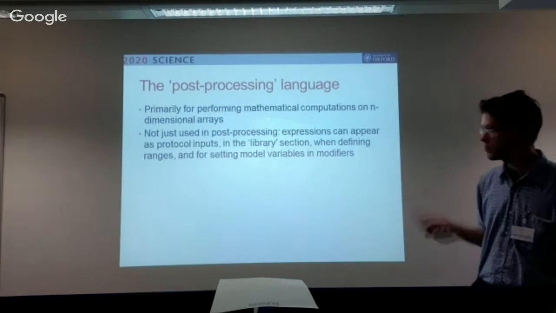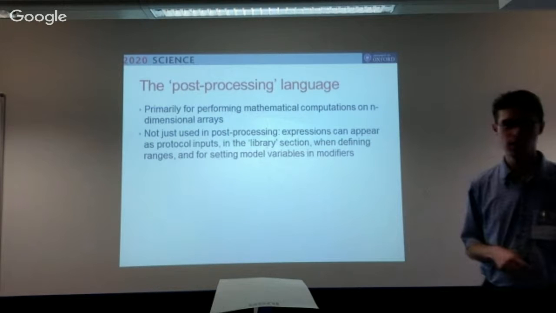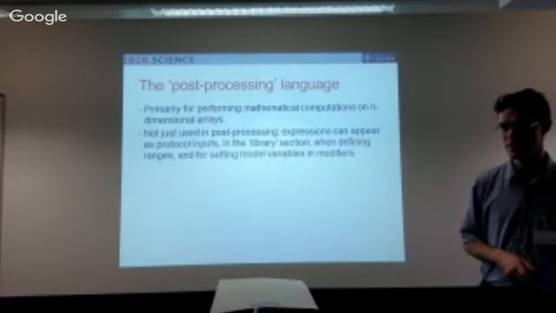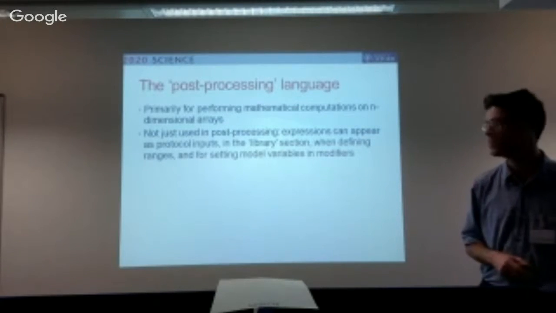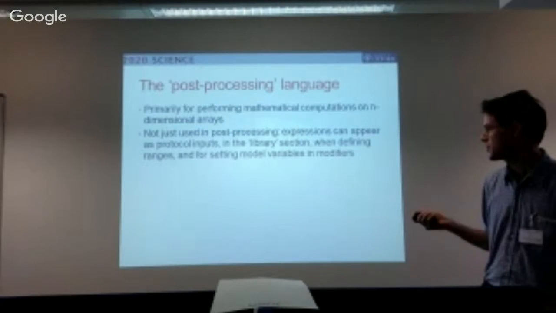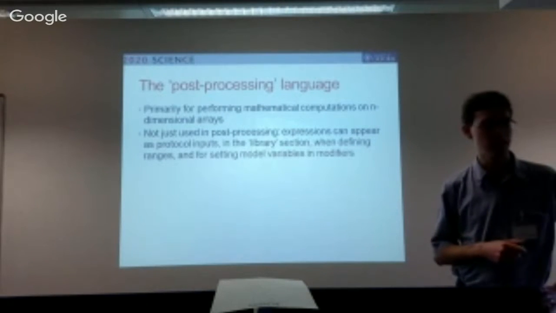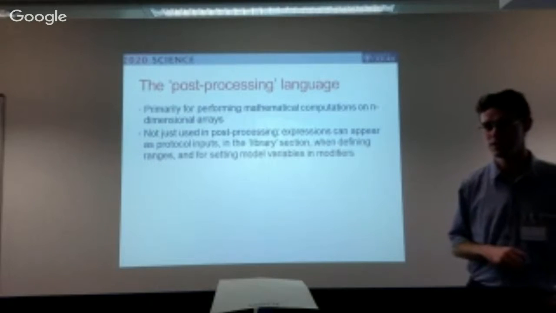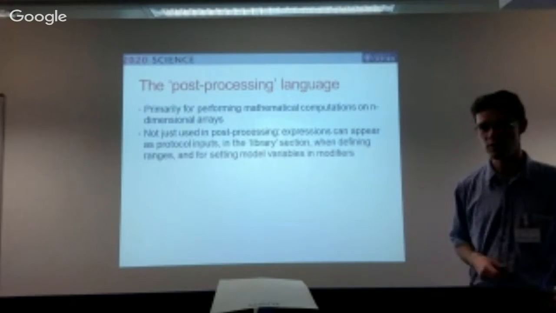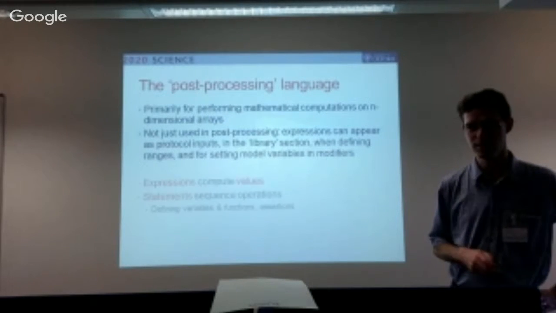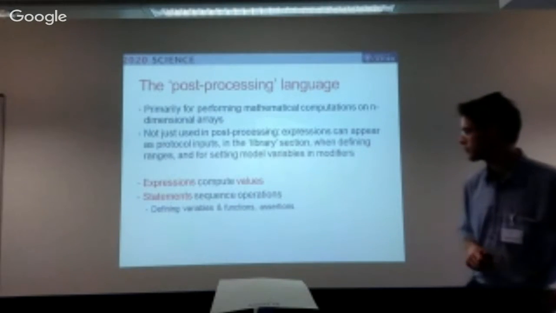If you're defining ranges, a vector range, you can define a vector with an arbitrary complex expression there. Similarly, for while ranges, that condition can be an arbitrary expression. And also for setting model variables to particular values within modifiers as simulations are running, you can put arbitrary expressions in there. So these expressions crop up in different places, not just in the post-processing.